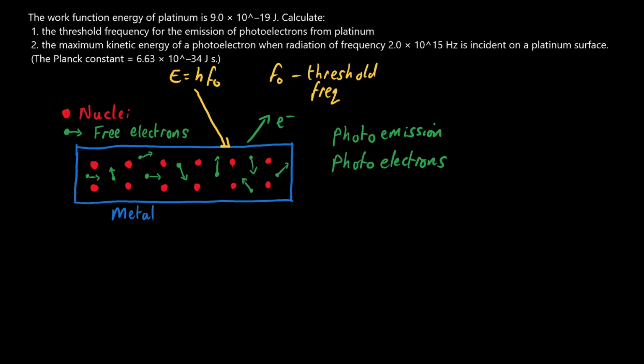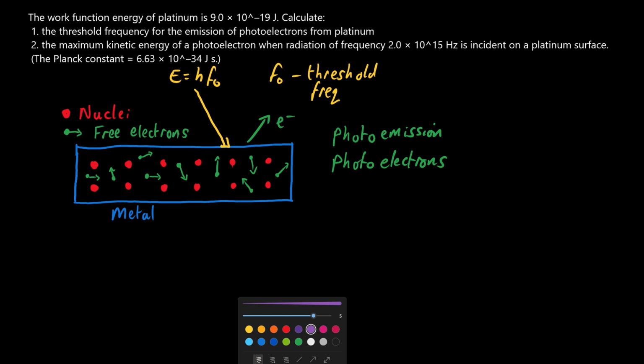So we saw in the last lesson that electromagnetic radiation consists of photons, and it has a particle nature. So when a single photon hits the surface and strikes one of these free electrons, it will only react with that single electron. It can't transfer its energy over to multiple electrons.